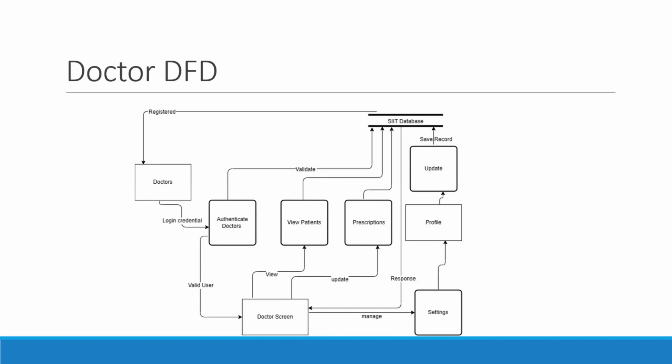After that, take the example of a doctor. A doctor cannot register directly; I will register the doctor from the admin panel. The doctor will directly log into my mobile application, and the data will be validated against my database. Let us suppose I have stored the doctor name Abhishek and password 12345.